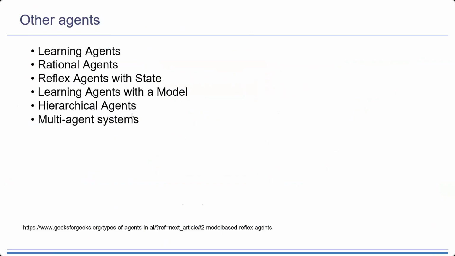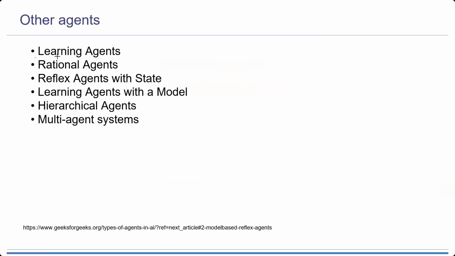So we not only learn about simple reflex agent, model-based agent, utility-based agent, and goal-based agent. Actually, there are still more agents.